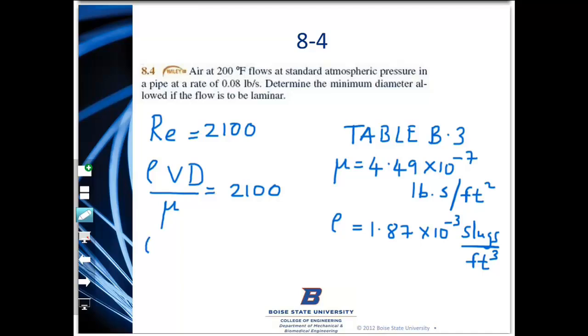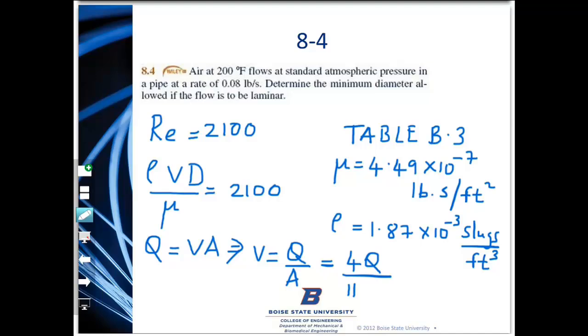So we know that Q is V times A, the volumetric flow rate is equal to velocity times the cross-sectional area, or I can write this, gives me V equals Q over A, okay, or I can further write this as 4 times Q over pi D squared, okay.